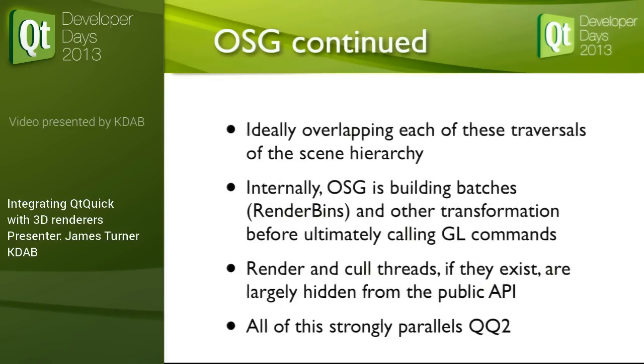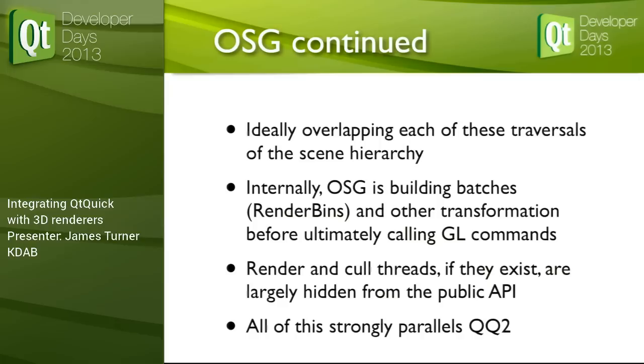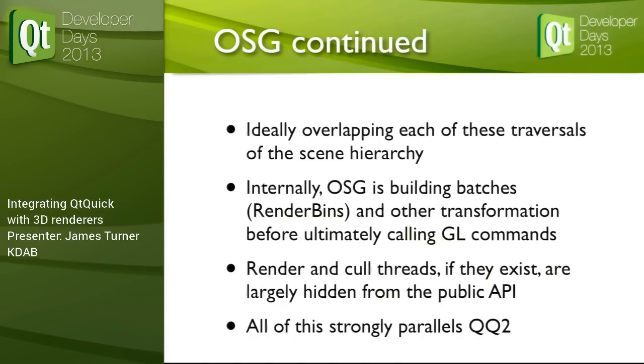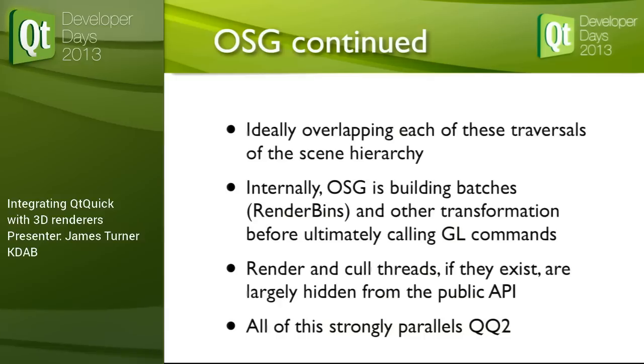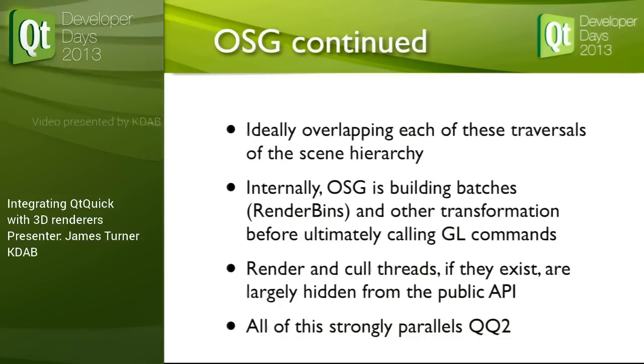Ideally, each of those phases is overlapped. So when we're doing the update for one frame, we're culling the frame before, and we're drawing the frame before that. And internally, we've got this hierarchy of OpenSceneGraph nodes, this is not QSceneGraph nodes, and they're being boiled down into batches called render bins, with other transformations happening, and ultimately we send those vertices and textures to OpenGL.